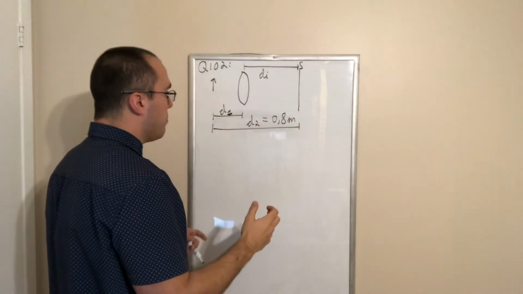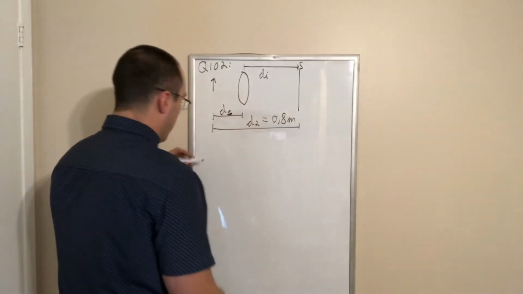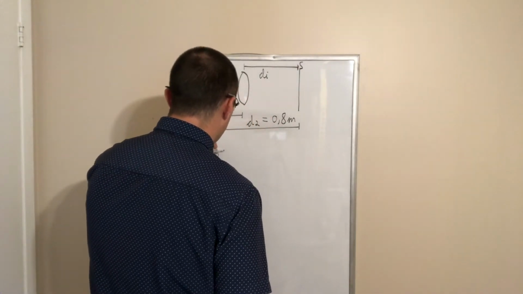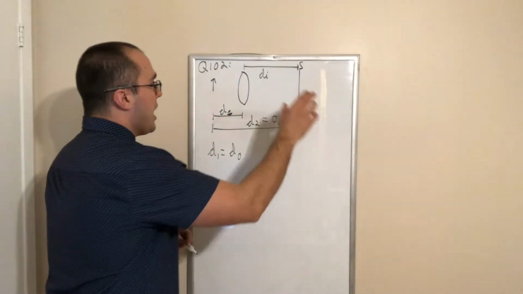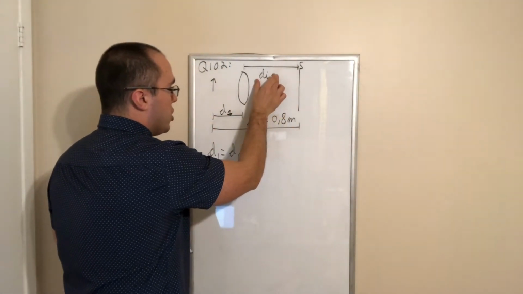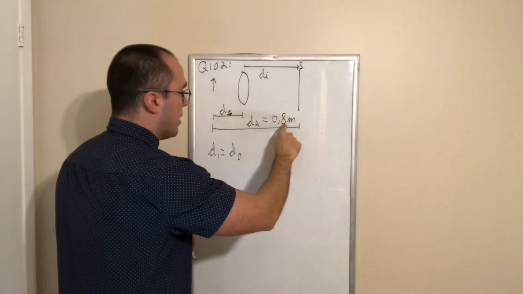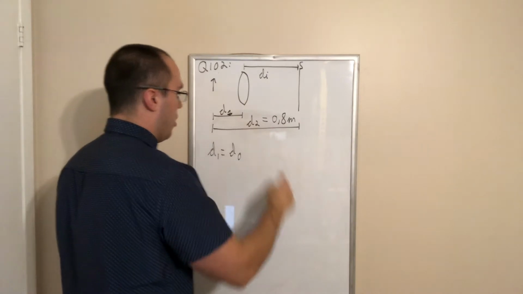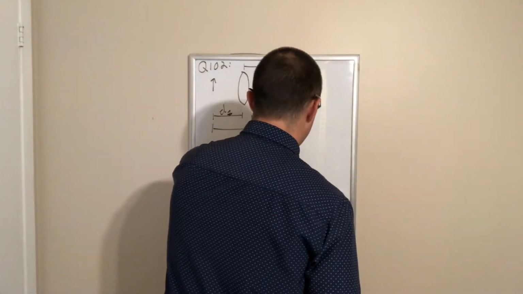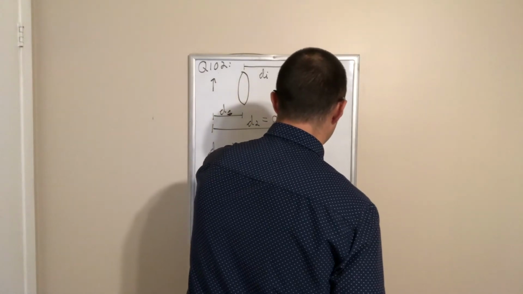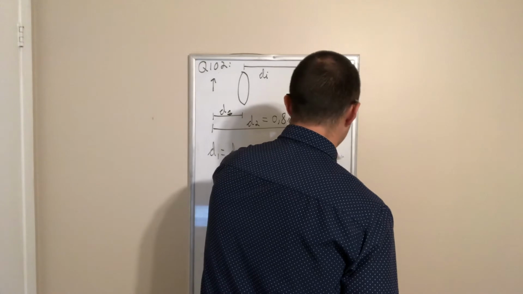An important point here is that d1 is basically the distance of the object. The distance of the image, therefore, has to be 0.8 minus d1. So di is equal to 0.8 minus d1, or 0.8 minus do.